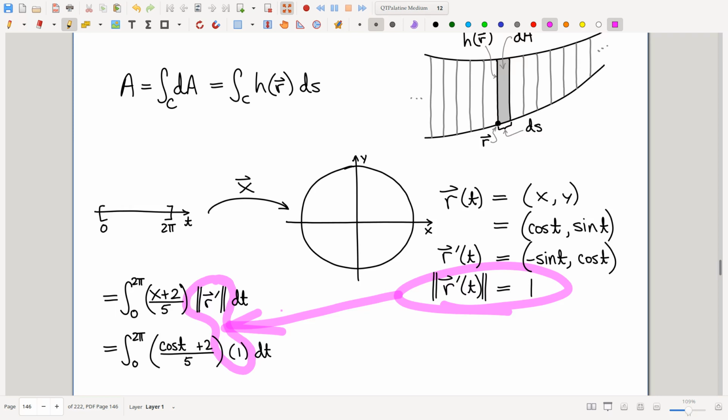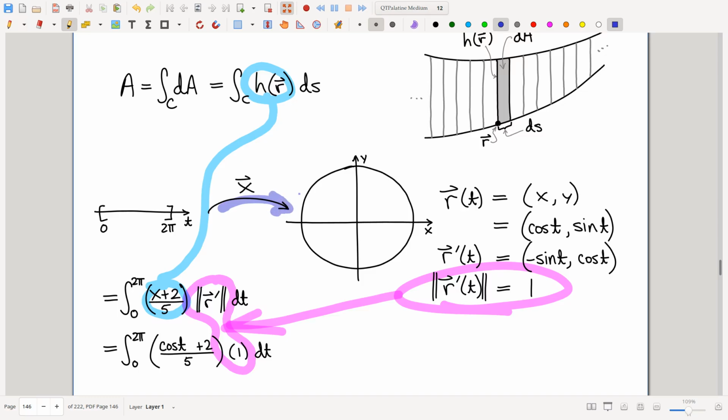Next thing, I've got to figure out what to do with my height formula. And just a reminder, the height formula was explicitly given. The height formula is given in terms of x. And again, I got to think to myself, wait a minute, that's an output variable, but the integral I'm trying to develop here needs to be in terms of t, the input variable. And how do you relate outputs to inputs? Well, the parameterization. And again, you can see it right here.